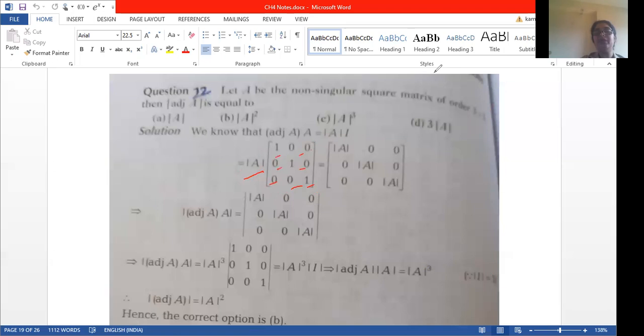So when we multiply, determinant of A into 1 is determinant of A, determinant of A into 0 is 0, and the same way for the other elements. The diagonal entries become determinant of A and the rest are 0. This way we get the value of determinant of A multiplied by I.